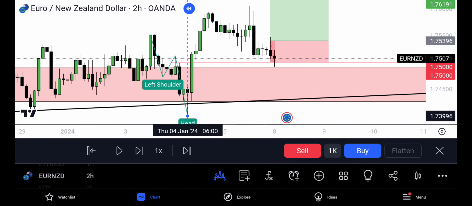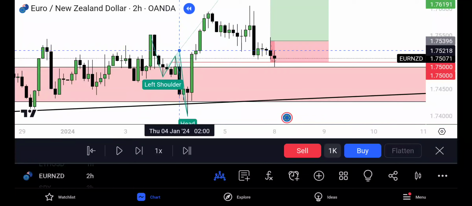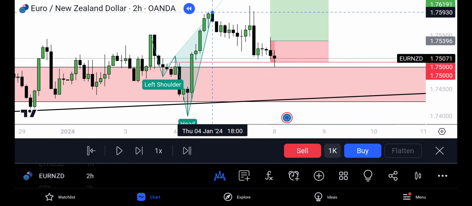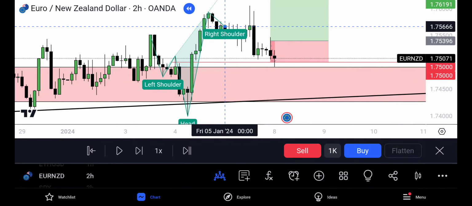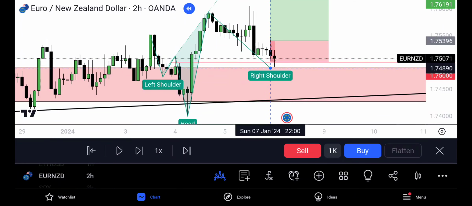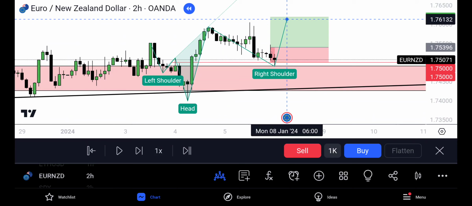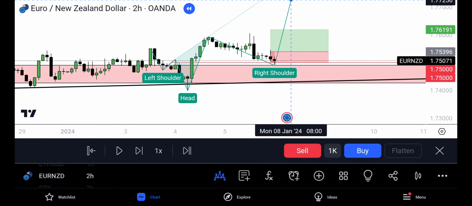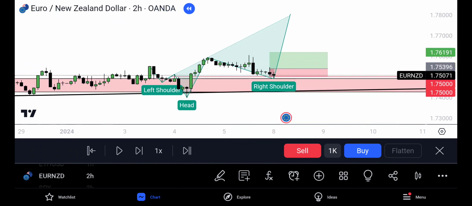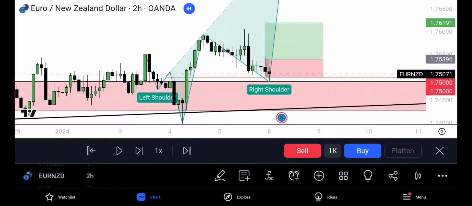You can see the head right there. You can see the break of the neckline impulsively to the upside, and then you can see the right shoulder forming here. And then after the right shoulder forms, what do I tell you guys? I tell you guys we'll start looking for what? We'll start looking to go up. We'll start looking to buy the trade to the upside, right?